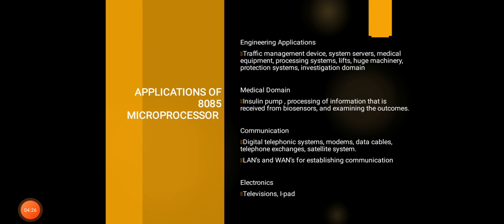Now next we will see what are the applications of the 8085 microprocessor. First application is in engineering applications. In engineering applications, there are traffic management devices, system servers, medical equipment, processing systems, lifts, huge machinery, protection systems and investigation domain. Next one is the medical domain.